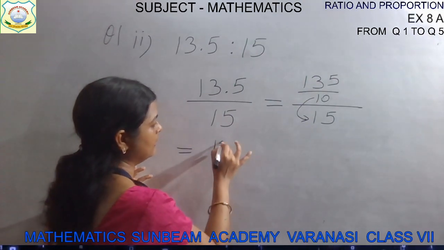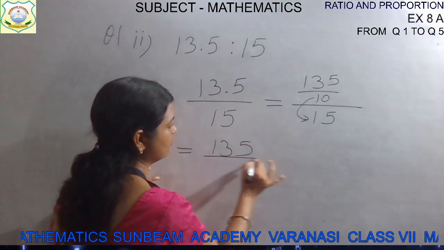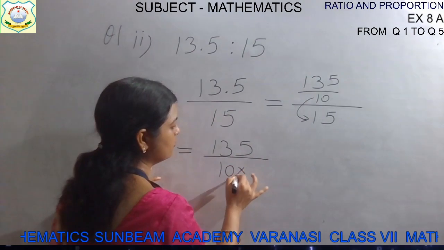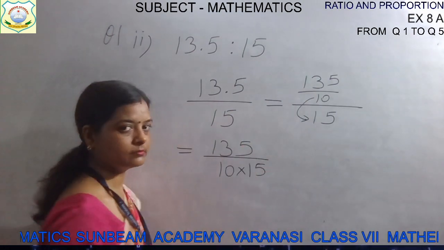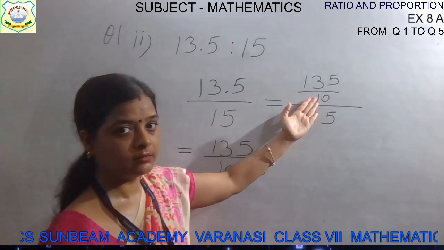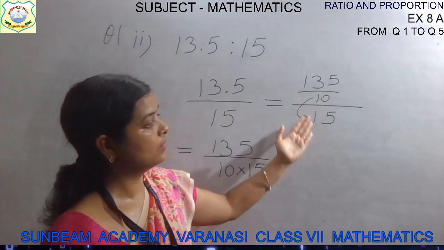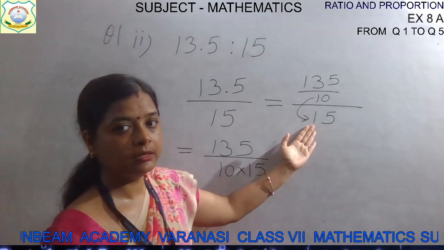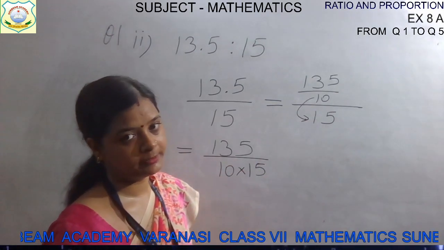So we can write it as 135 by 10 into 15. Clear? This denominator part of the numerator will come down and multiply with the given number which is in the denominator.